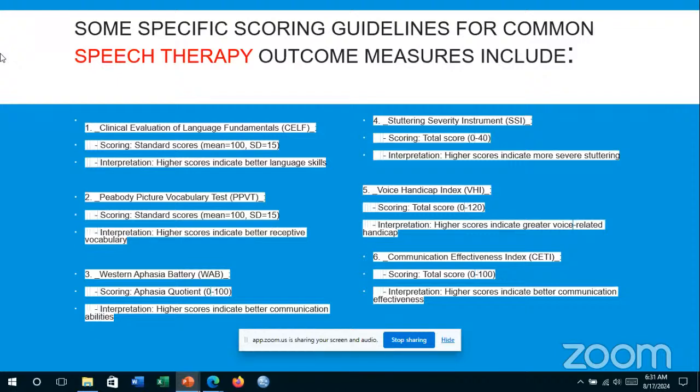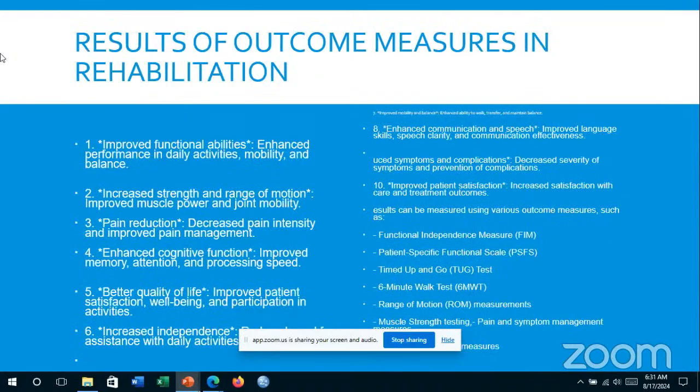The result of outcome measures in rehabilitation, after you are scoring the standardized outcomes, what are the advantages, or what should we say the reason for doing it? It will improve functional ability, enhance performance in daily activities, mobility and balance. When you score somebody to get a higher score, the person will be improved, and the sickness will even disappear by half solved.